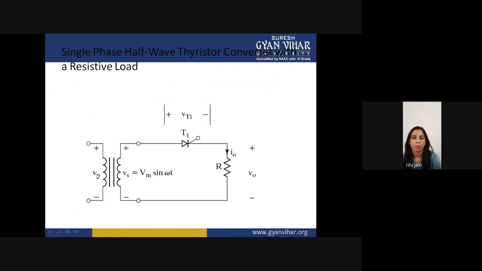One is the primary winding and the second is the secondary winding. In the primary winding, the voltage is VP, and in the secondary winding, the voltage is VS. The thyristor is connected to the secondary winding of the transformer, and there is one load we are connecting through a resistance. So this is all about the single phase half wave thyristor controlled converter.